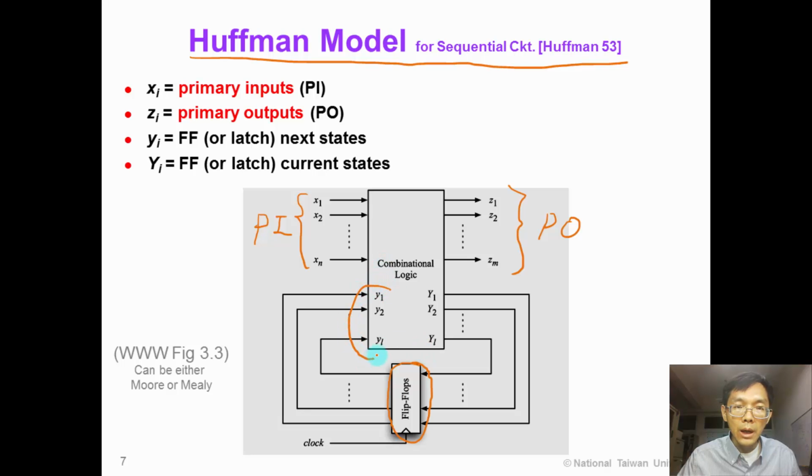Small y's are the flip-flop next state. Big Y's represent the flip-flop current state. Please note that this model can be used either for Mealy or Moore circuits.